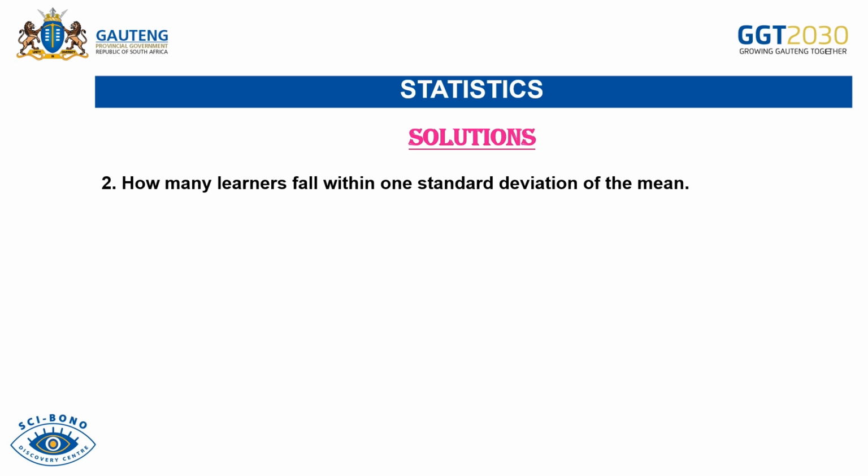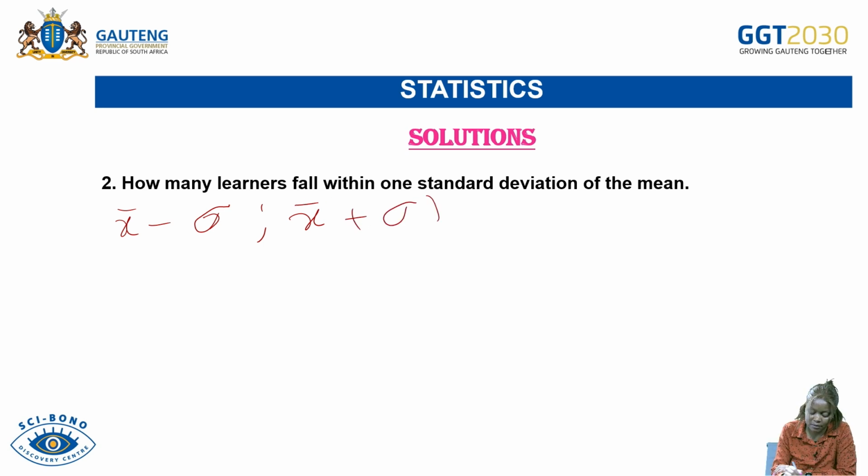Okay, let's move on. It says, how many learners fall within one standard deviation of the mean? So it's going to be x bar minus the standard deviation to x bar plus the standard deviation.